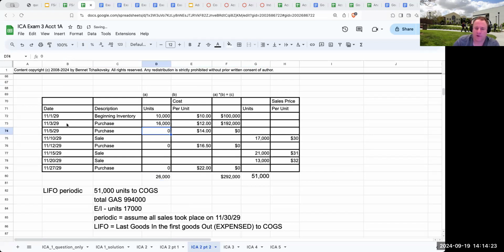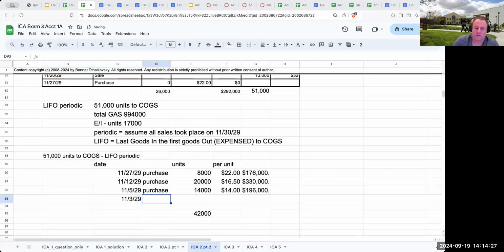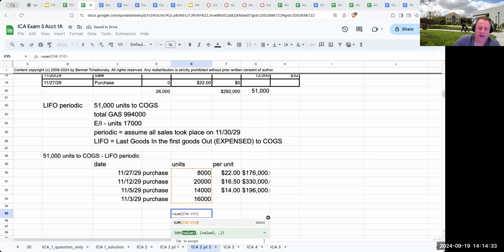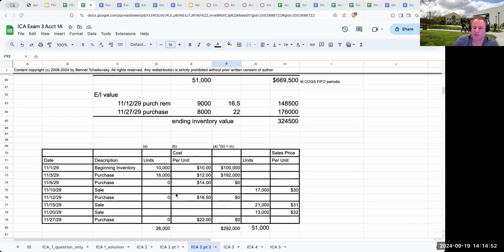Now, if I come over here to 11/3, the purchase, if I take all 16,000 units, I have a problem. The problem is I will have overexpensed my cost of goods sold. I only want to take what I need. So in this case over here, I'm going to take a total of 9,000 units because that's all I need to take to cost of goods sold.